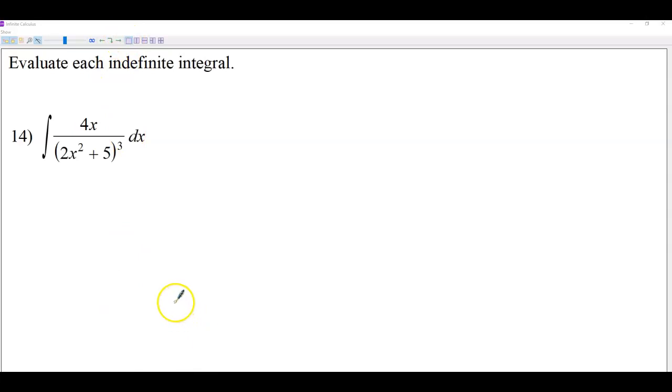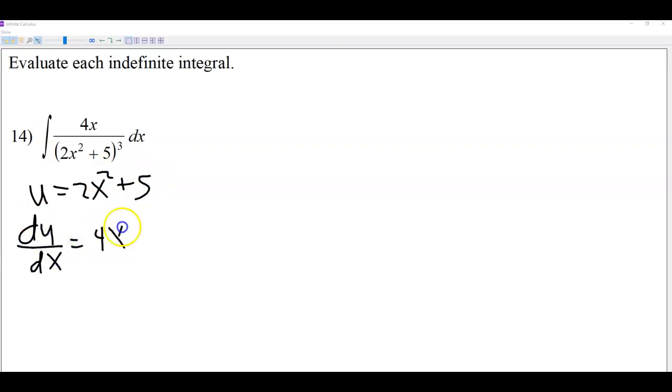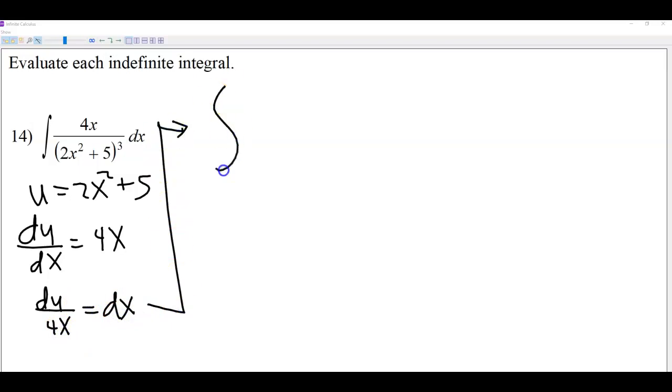Just another u sub problem, just showing you guys a couple different types. So on this one, my inside function is the 2x squared plus 5. The derivative of that would be 4x. And getting the dx by itself would look like this. Next, we start plugging stuff in.